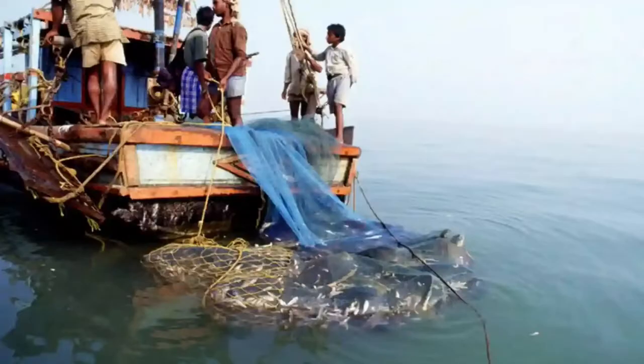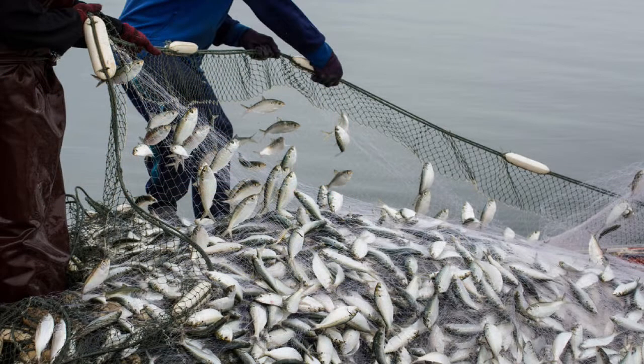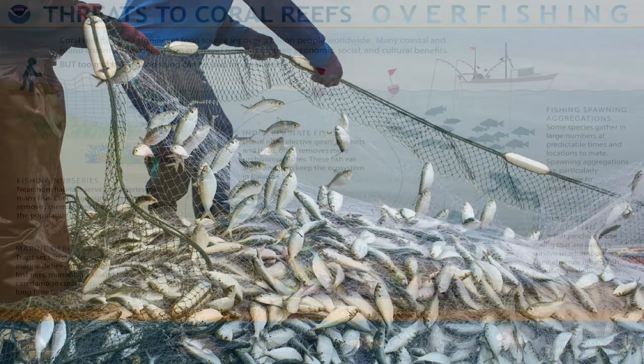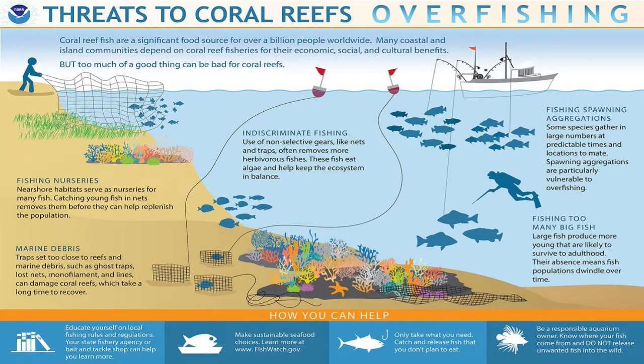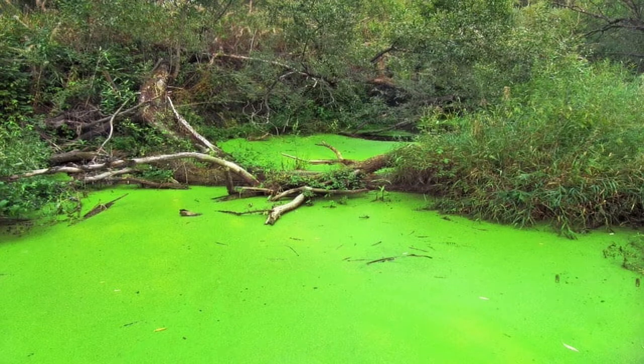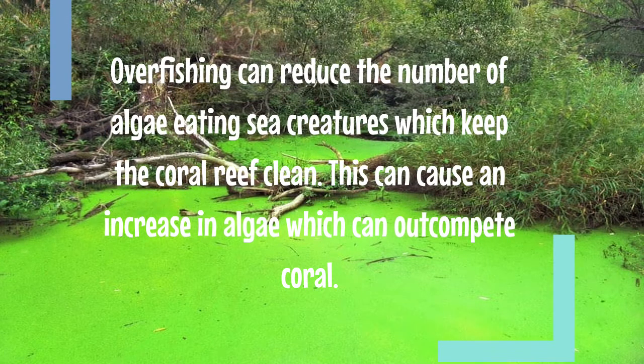If you overfish, then you are taking away these fish that would normally eat some of the algae or eat these sea creatures which keep the coral reef clean. Now by overfishing, the algae is going to bloom up again, flourish, and overrun the coral area. So overfishing can lead to taking away the natural predators of the algae, and therefore the algae starts to outcompete the coral.